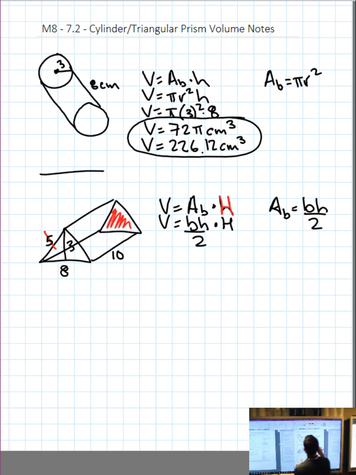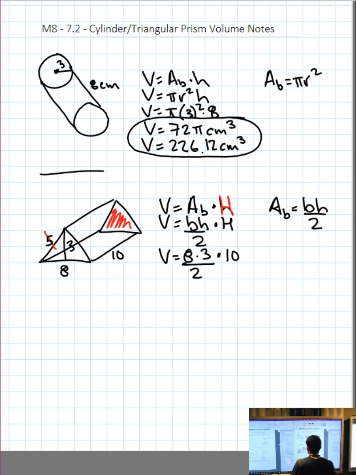The height, the distance from the base to the top, which are identical. So we can now substitute. So V equals, so the base of the triangle is 8 times the height of the triangle is 3 over 2 times the height of the prism 10.